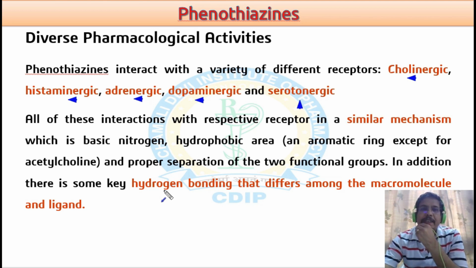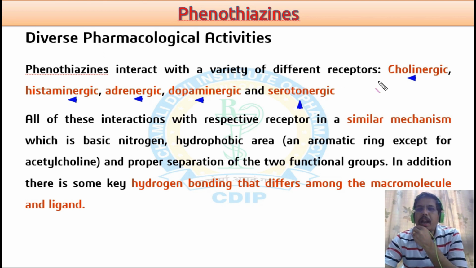And if you look at why the phenothiazine derivatives show this diverse pharmacological activity, there is something common in the receptors, whether they belong to the cholinergic one or histamine or adrenergic receptors or dopaminergic receptor or serotonergic receptor, which is the hot spot where the ligand undergoes binding.